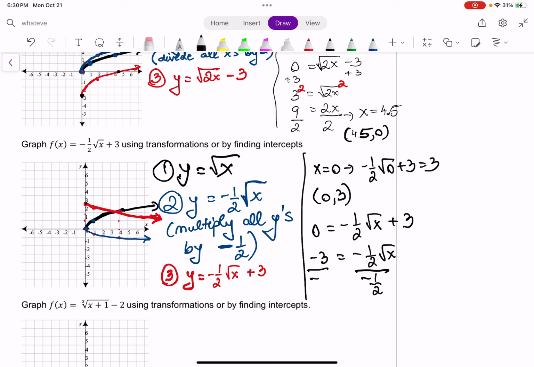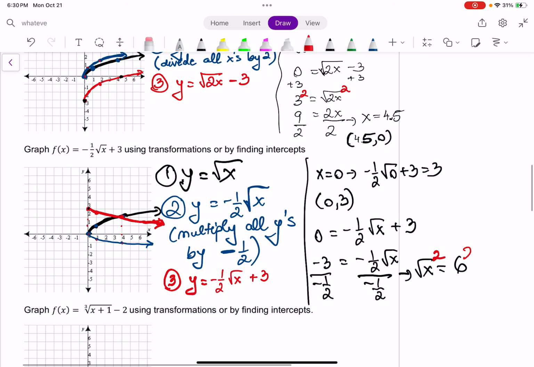And if you put this in your calculator, you're going to get a positive 6, because again, to divide by a fraction means to multiply by its reciprocal, but you can very well test it with your calculator, no problem. And then you square both sides, so x is going to be 36. So in other words, this is going to go very slowly but surely, and eventually at x equals 36 is where I'm going to reach the x-axis finally. So definitely not on this graph.